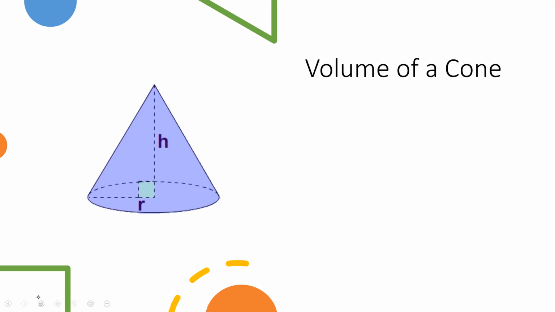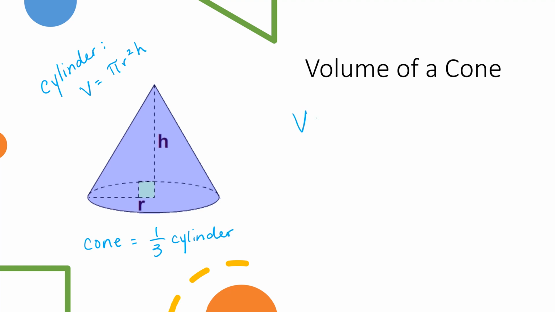So, we know that the volume of a cylinder is V equals pi r squared h, and a cone is 1/3 the volume of a cylinder. So therefore, the volume of a cone is going to be 1/3 the volume of the cylinder, which is pi r squared h.